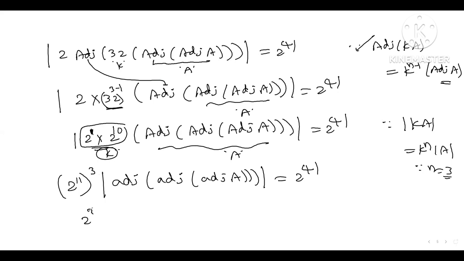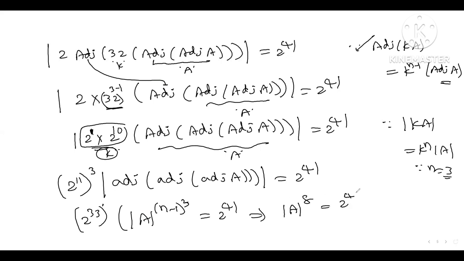Here this is 2 power 33 into det A, since three adjoints are there. We have one formula: det A to the power n minus 1 whole square, whole cube, is equal to 2 power 41. For 2 power 33, sending it to the right side, it is divided. Here n is 3, so 3 minus 1 whole cube: 3 minus 1 is 2, and 2 cube is 8.